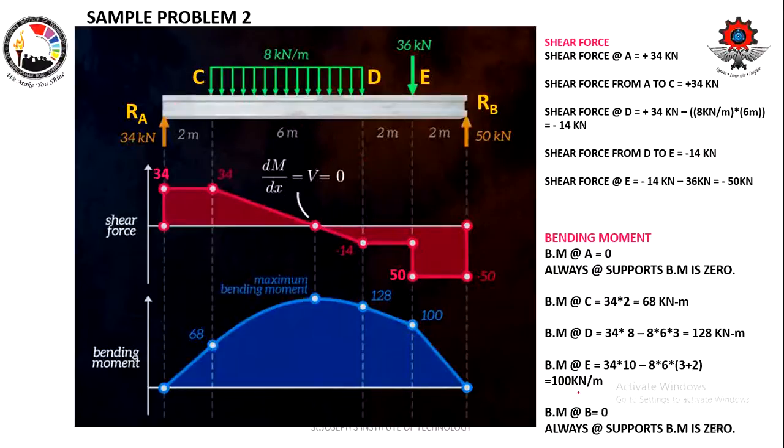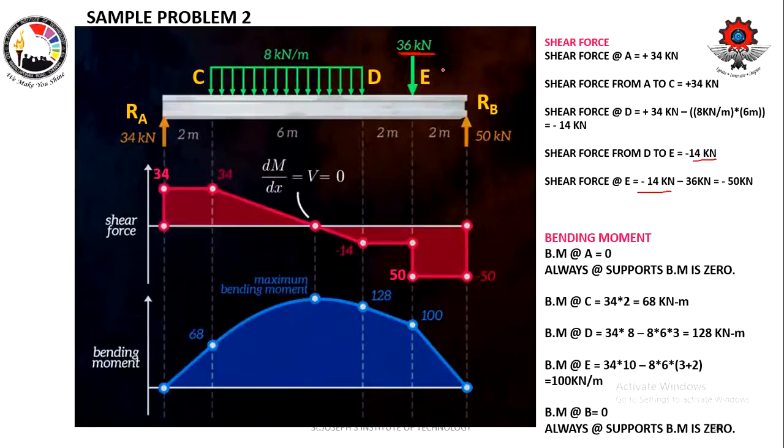Now the next step is shear force at E. Take this minus 14 and drop it here. We are supposed to see whether there is any load at point E. Yes, we have a load at point E, that is 36 kilonewton. What kind of force? Downward force.